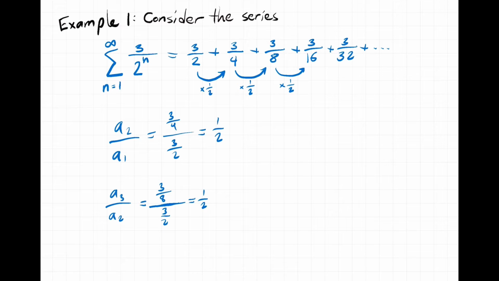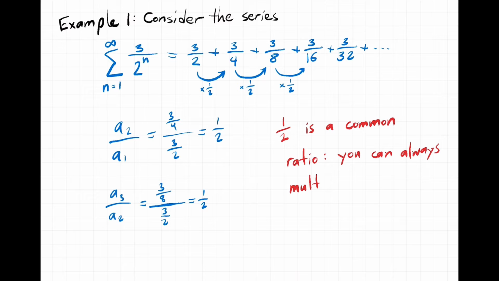What we could say here is that 1/2 is a common ratio, meaning that you can always multiply an by 1/2 to get the next term, which is an plus 1.